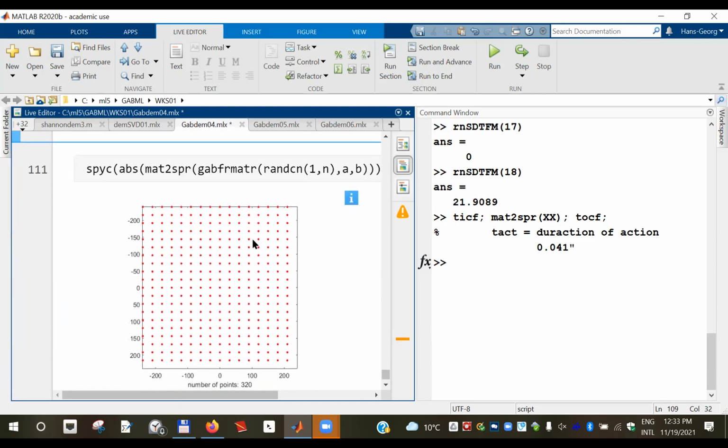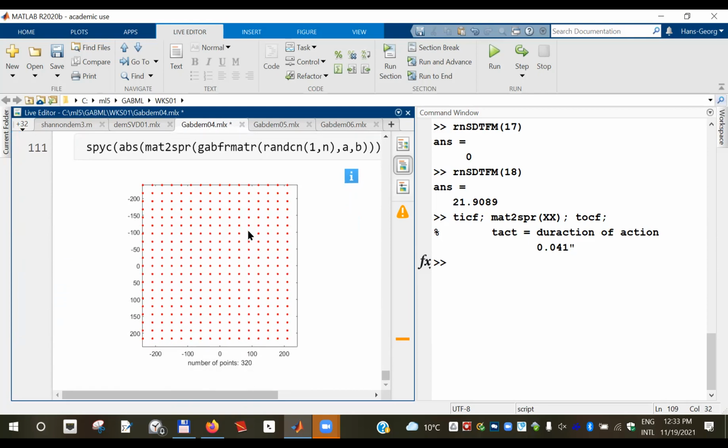Now we can see another thing. We could do a Gabor frame matrix from a random window. No engineer would use a random window, but this shows the effects that we get from the construction: what are the properties of the lattice and what are the properties of the window.